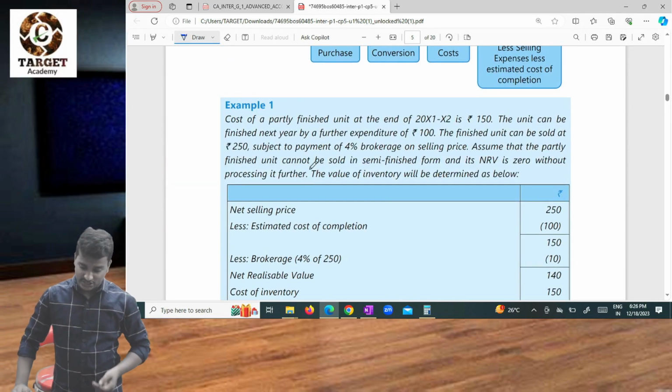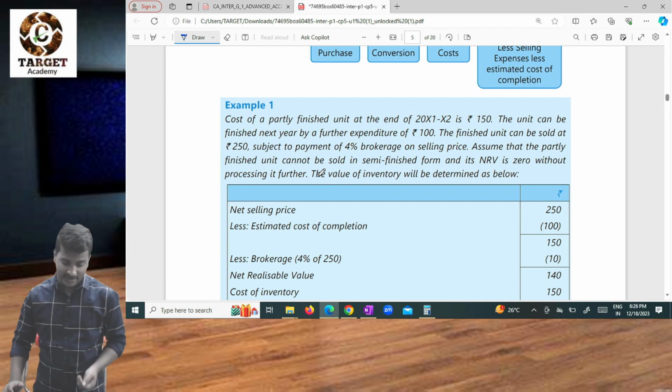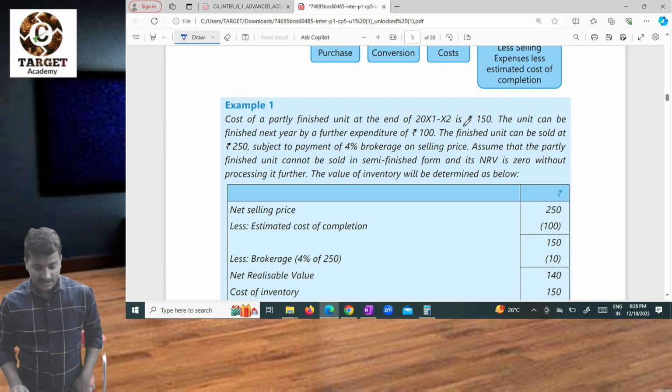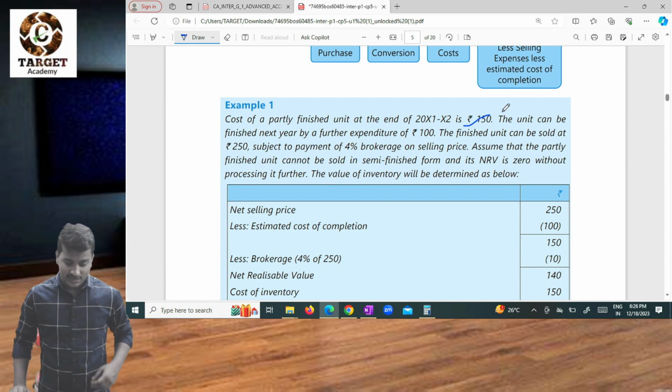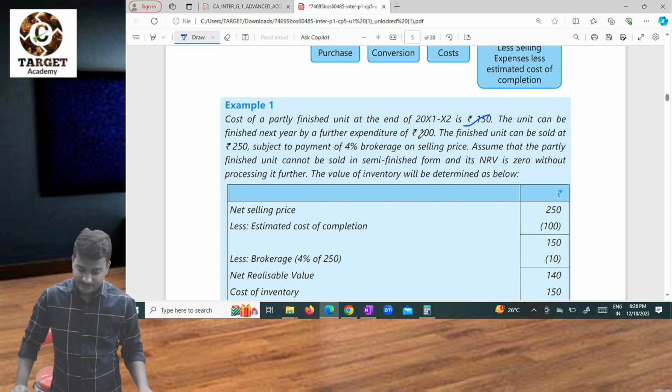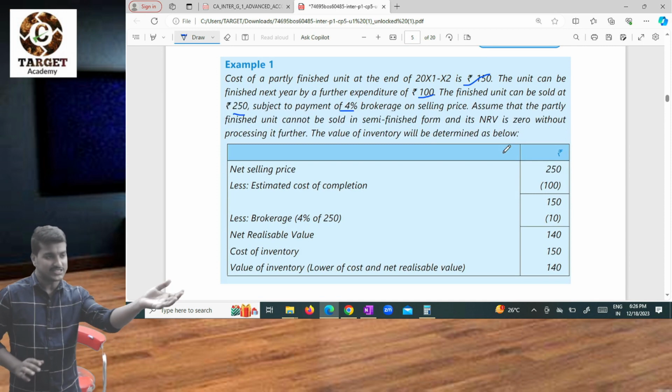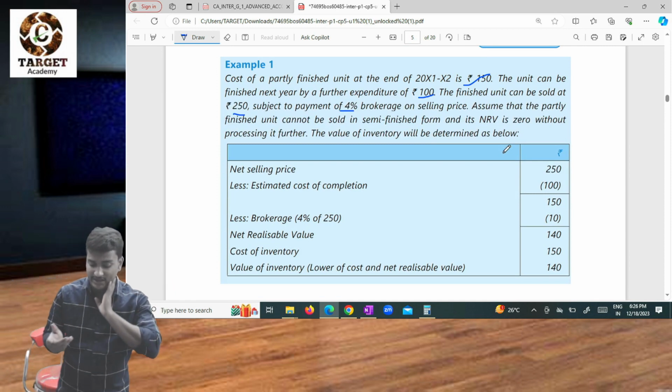This is the illustration of how to find out NRV. Here 150 is the cost and further expenditure is 100, and selling price is 250, brokerage is 4%. So cost is 150, we have to find out NRV.